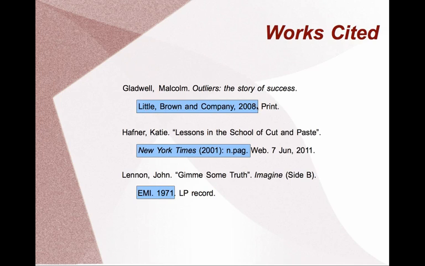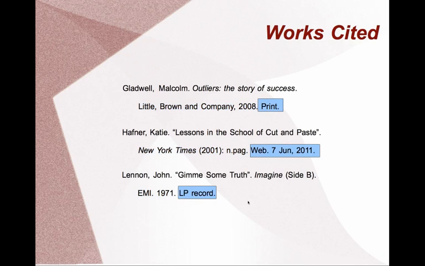In this example, we've got the publisher and when it was published. This is very typical. The sort of larger whole is also the publisher for the second example, and there's no page indicated. And then with this last one, EMI is the record label, and it was released in 1971.